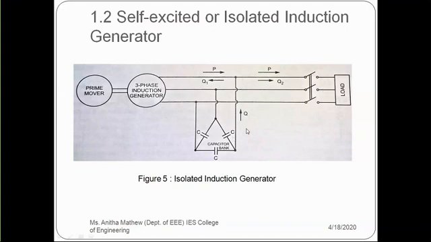So the reactive power produced by the capacitor bank Q equals Q1 plus Q2, where Q1 is the reactive power to the three-phase induction generator, and Q2 is the reactive power to the load. And the three-phase induction generator provides P, that is active power, to the load. Okay, understood? Hope this is clear.